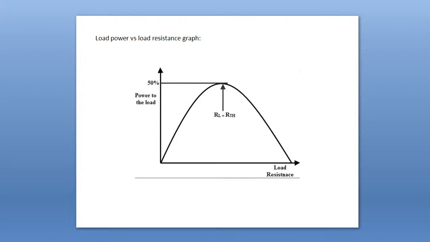I mean, RL must be greater than RTH. Then you can avoid the heating effect. But in that case, the efficiency would decrease. Yes, efficiency, we can tolerate the efficiency part.